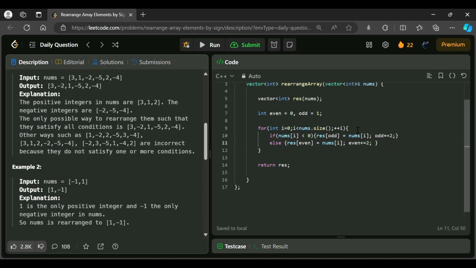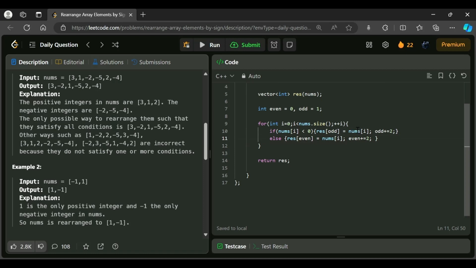So I take a vector named res, and all elements of nums are copied into res. Now I take two variables, even and odd, and in the for loop I check if nums of i is less than 0, then I update the odd-indexed position of the res vector to nums of i and increment odd by 2.